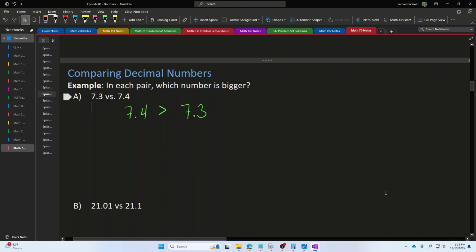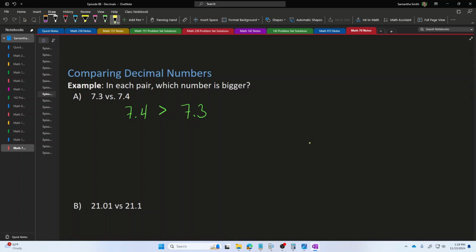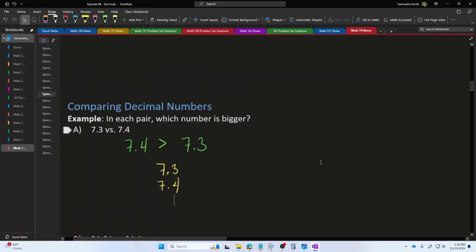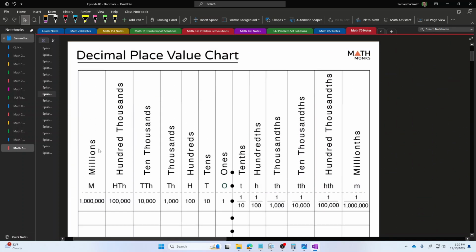Now, another way to compare the size of two decimal numbers is to line the two numbers up so that the decimal point is in the same location for both values, and then to compare these numbers from left to right. We remember that for a decimal number, the value that's furthest to the left has the greatest significance, the greatest weight, and the greatest value.